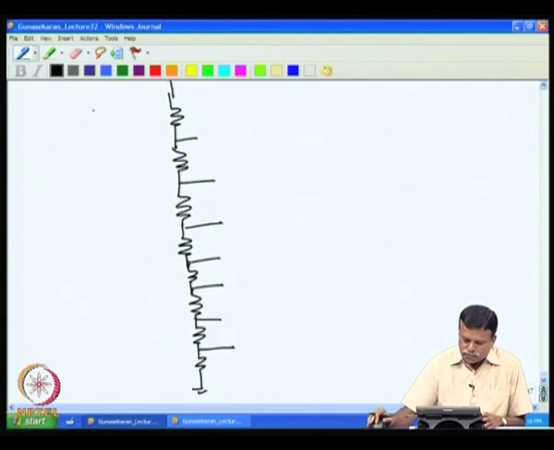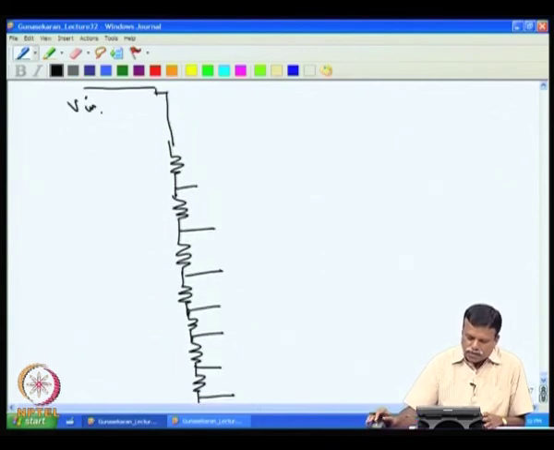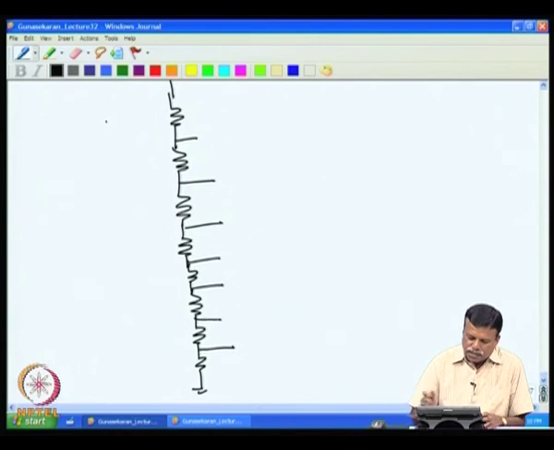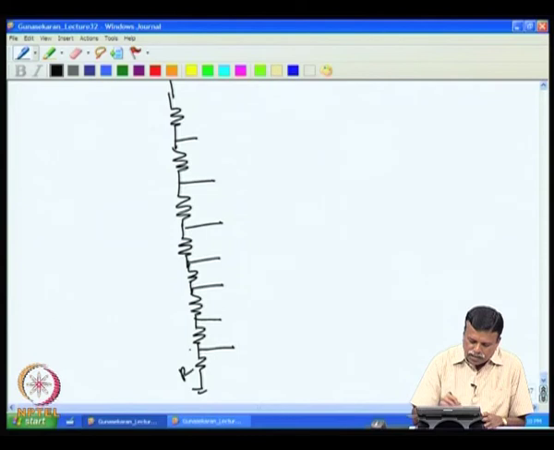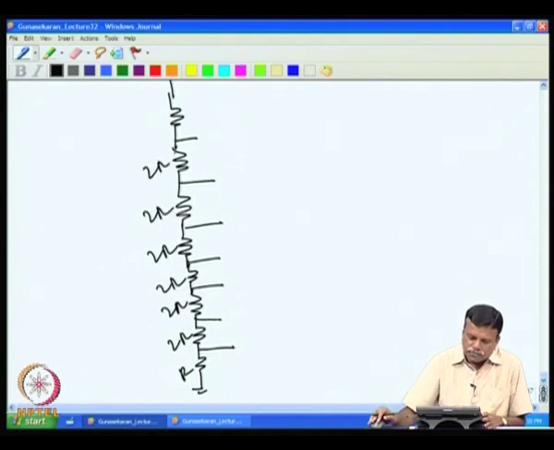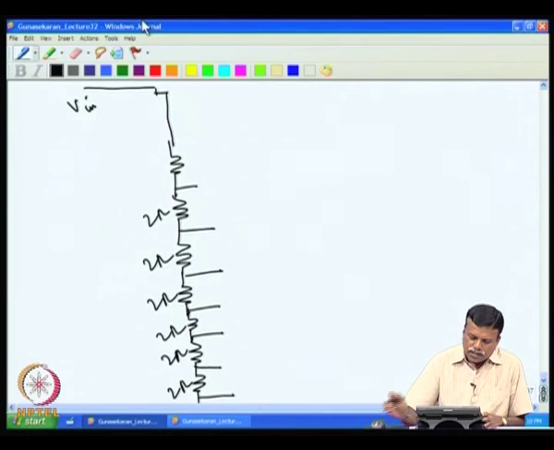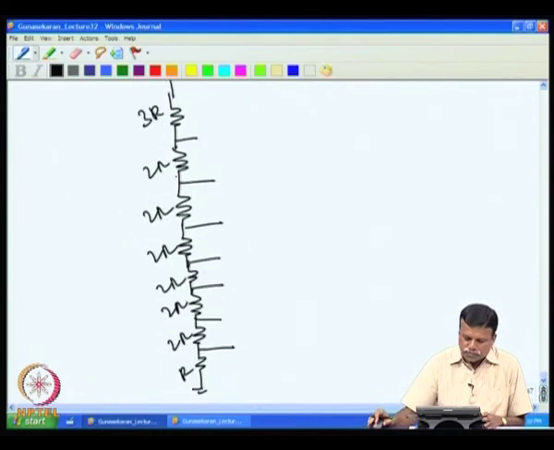Now, it can be done both ways. For example, we can have here R by 2, or to avoid the fraction, I can have here R and here 2R, and all the other resistors are 2R. This is not an R-2R network. And then we will have 3 resistors at the top.